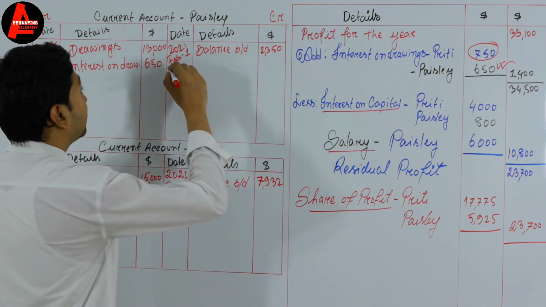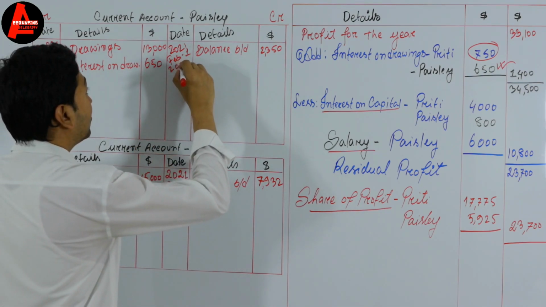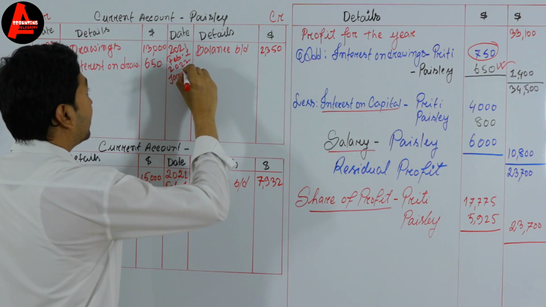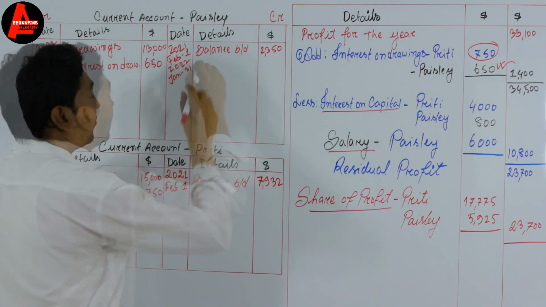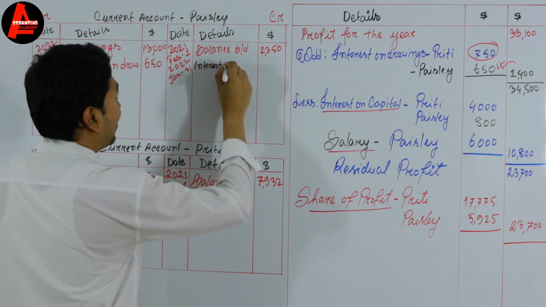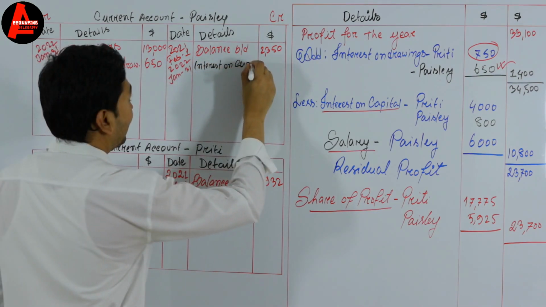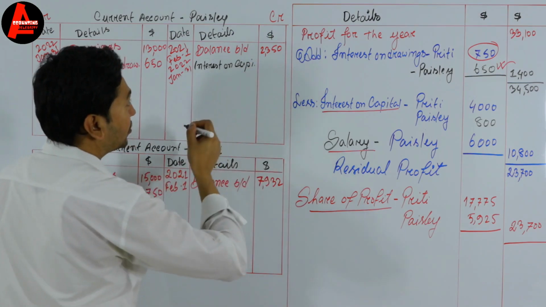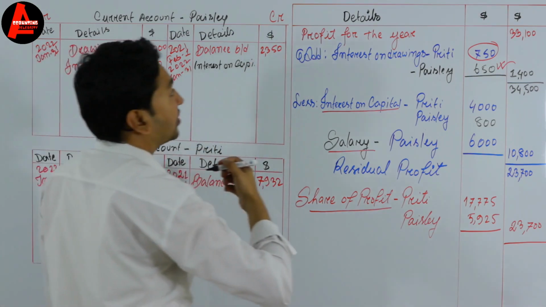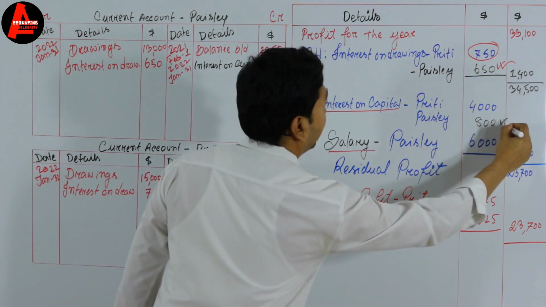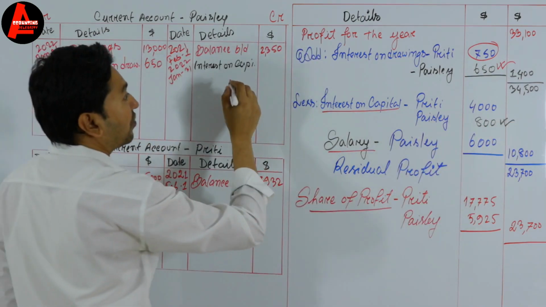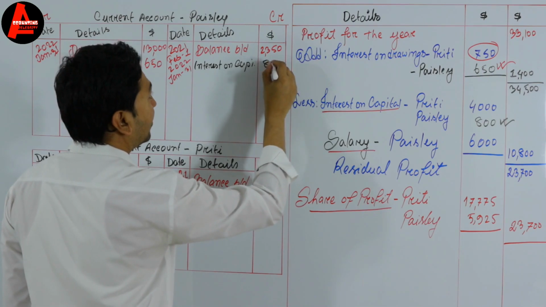So it will be here 2022 January 31st. We will write interest on capital. How much? For Paisley, interest on capital is $800, right? So we will write $800.